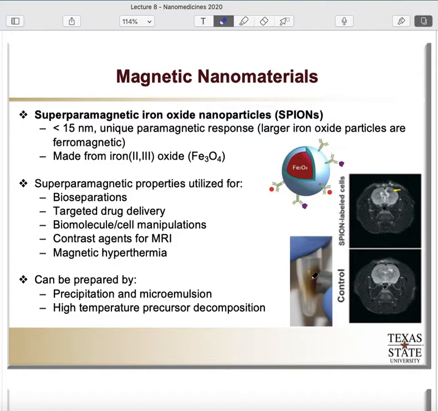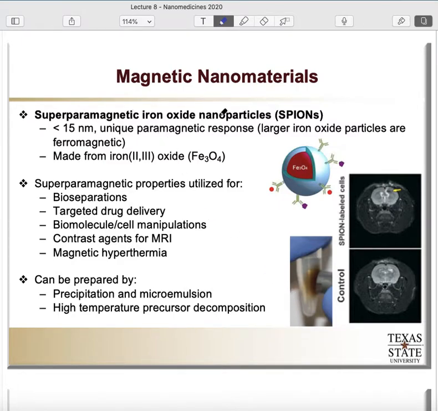So that's important for them. The reason why these particles work as paramagnetic is because they have a single magnetic domain, as opposed to the larger particles that would have several magnetic domains that can be aligned and that produce a permanent magnetization.